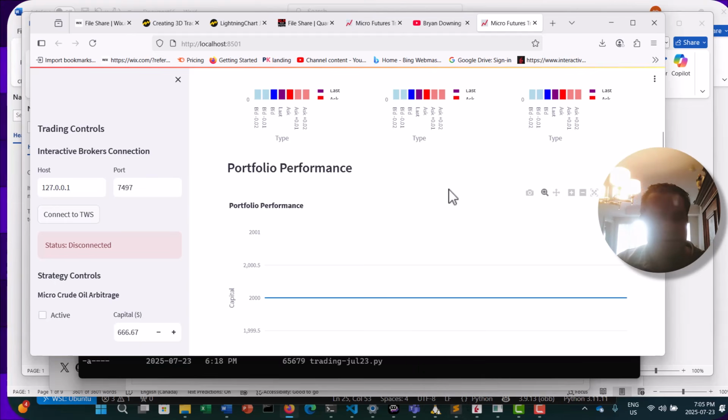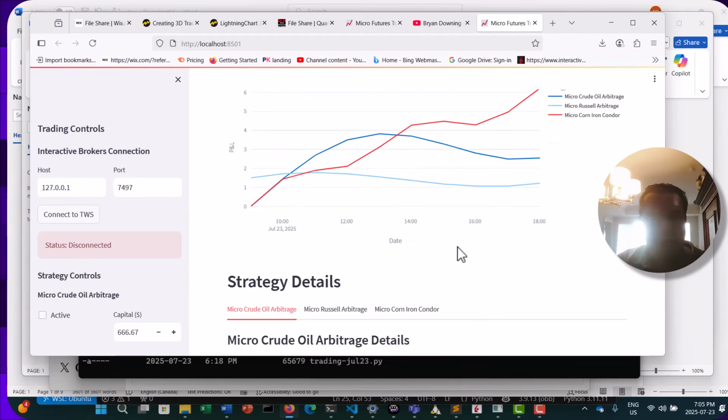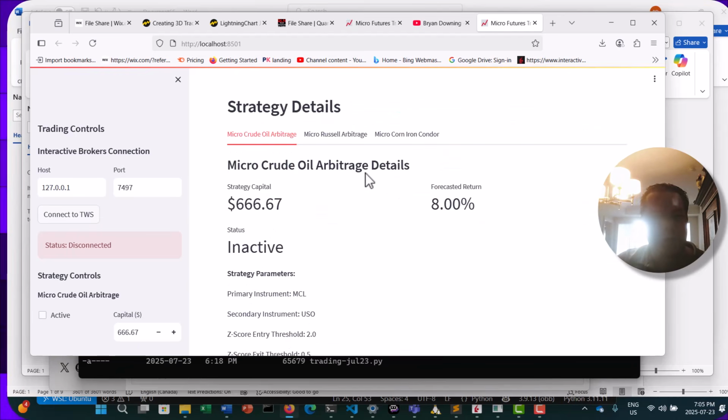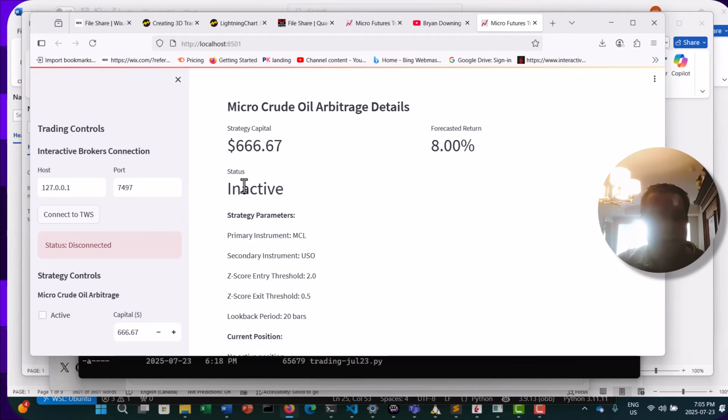So let me just see here. So these are the projected for these particular micro markets. So we have a micro crude oil arbitrage, micro Russell arbitrage, and a micro corn Iron Condor from the prior app that I showed you. Okay. So in there, right now it's inactive, obviously.